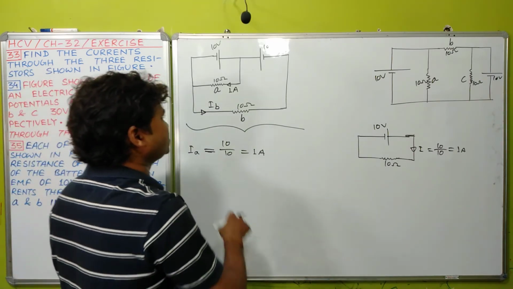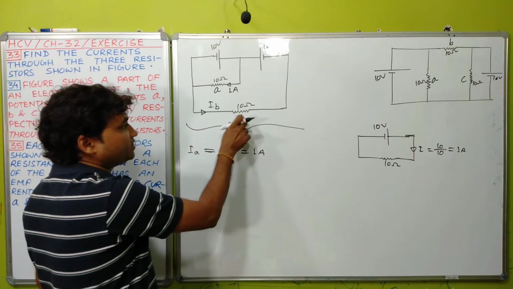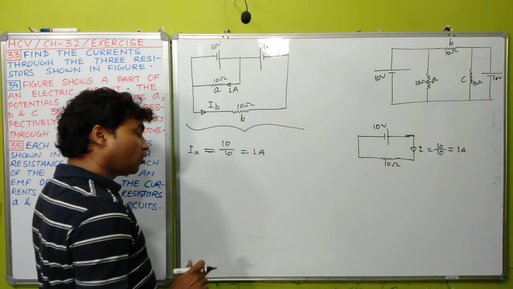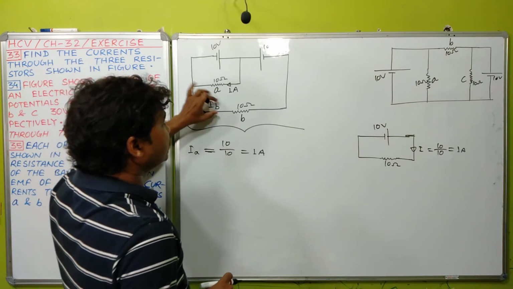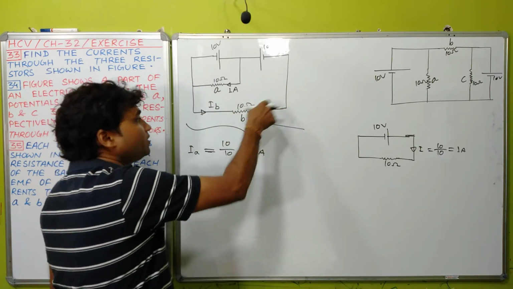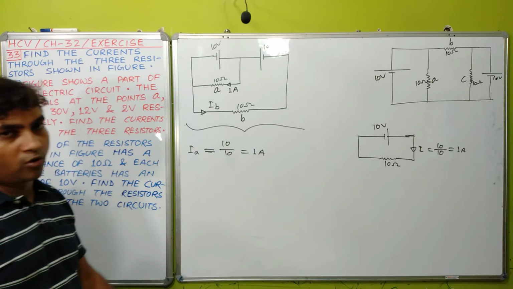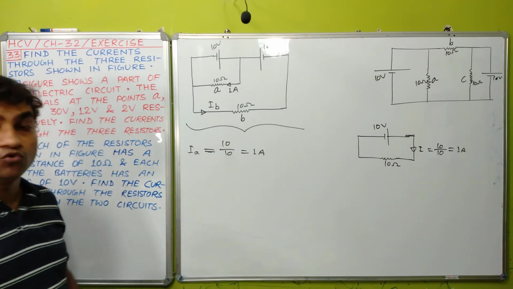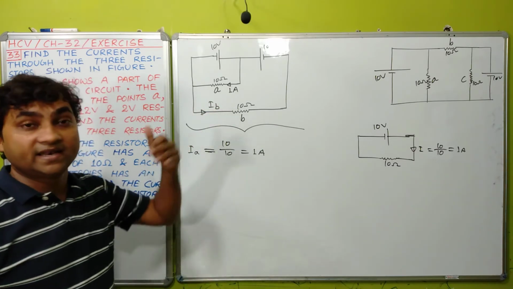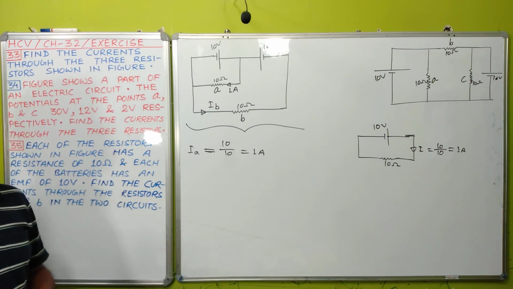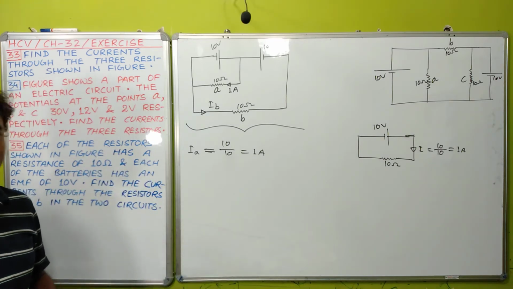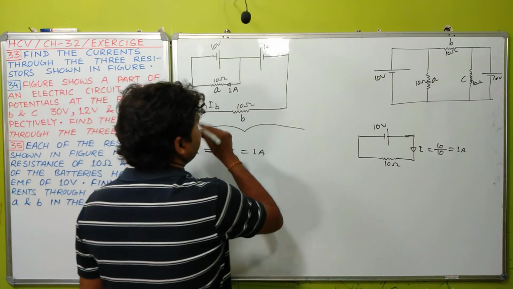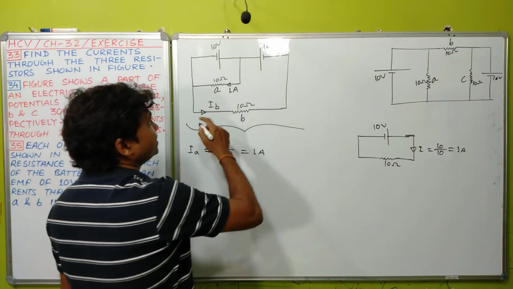You can write the direction of current as we are assuming, flowing this way, no problem. If at last you find the value of current in negative, it means the direction you have assumed is opposite to the actual direction.